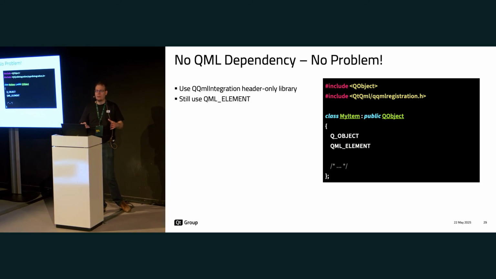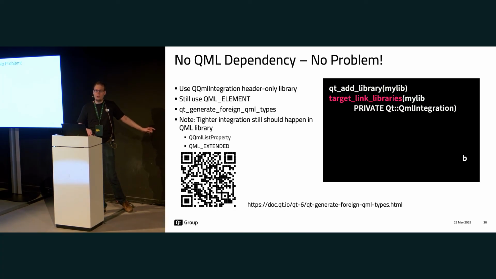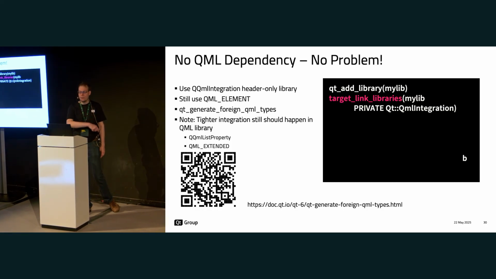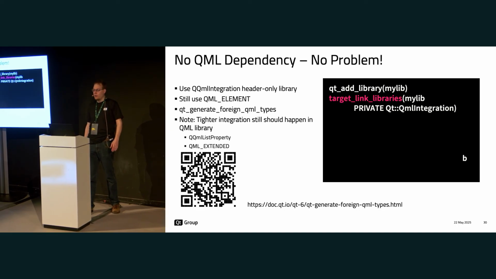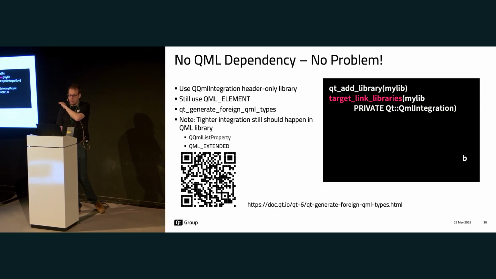And that avoids the hard dependency on QML. Now you might still wonder, okay, but this still needs some work to actually register the type. And for that, you need one additional command in your CMake file, which is qt_generate_foreign_qml_types. How does it look? You create your actual library, which needs to link against QML integration. That's header only.